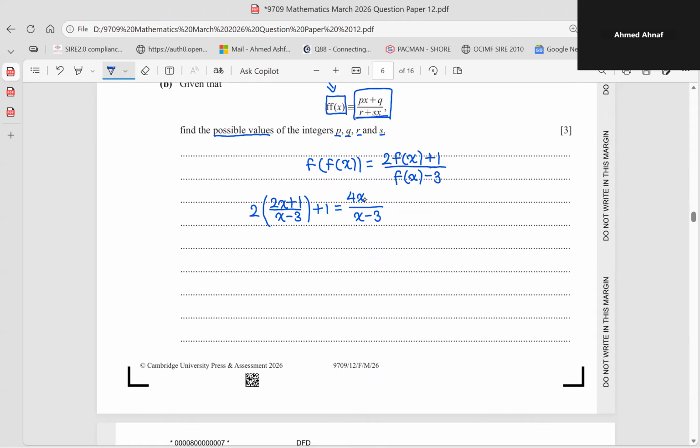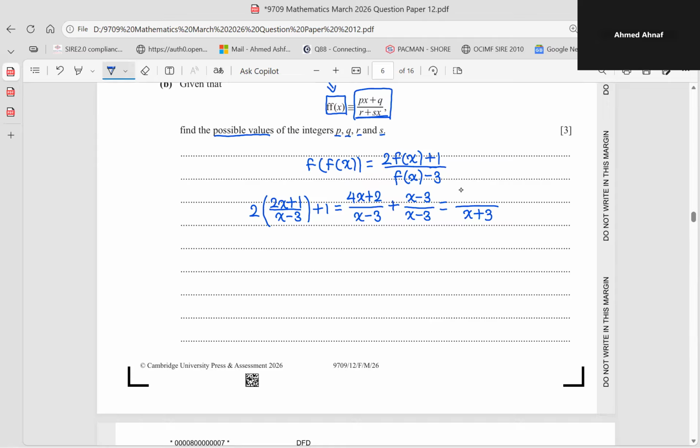that's 4x plus 2 plus, so for 1, let's just convert it into a fraction with the same denominator. So it's just x minus 3 over x minus 3. So you add the fractions together, keep the denominator the same. 4x plus 2 plus x minus 3.